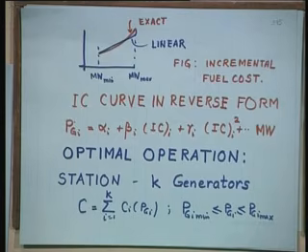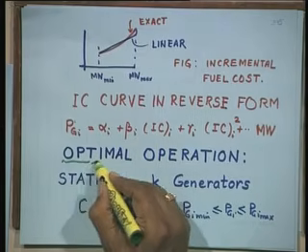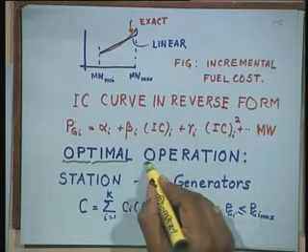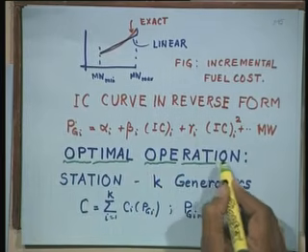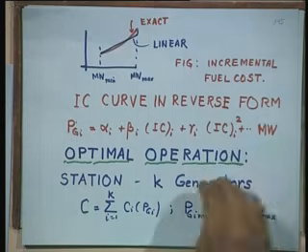Now, I am coming to optimal operation. So far, any problem? Now, I am going to apply optimization technique. I want to optimize my operation. I am considering a particular station, let us say Badarpur, and how many units are there?